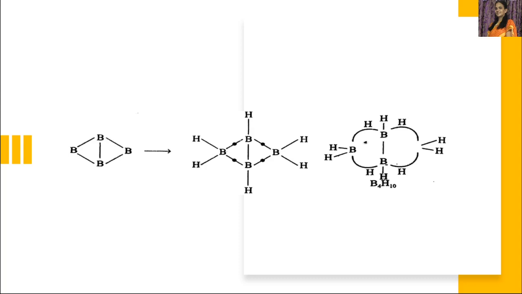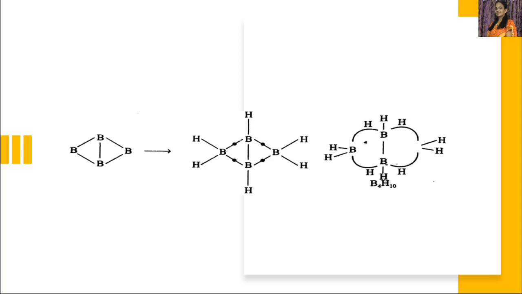One BH2 group, another BH2 group, and three hydrogens attached to this particular boron. This is a BHB bridge, and here another BHB bridge, and this hydrogen is directly attached to this particular boron. Apart from the BH2 groups and BHB bridges, it also has a special bond, that is the BB bond. So this is the BB bond.